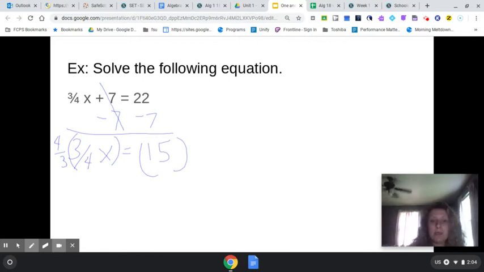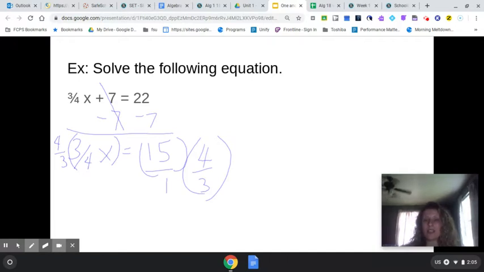Since I'm multiplying the left side of the equation by 4/3, I have to multiply the right side of the equation by 4/3. And I'm going to make that 15 into a fraction by just sticking it over 1. So we're multiplying 15 over 1 times 4/3.